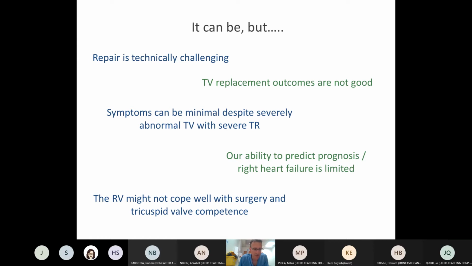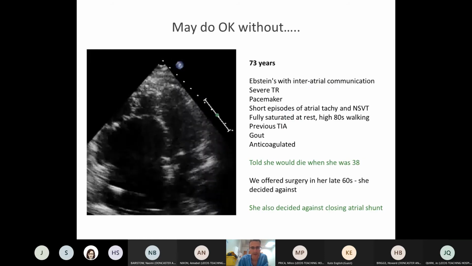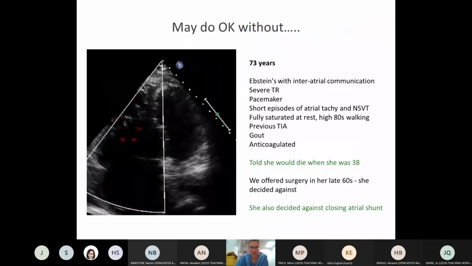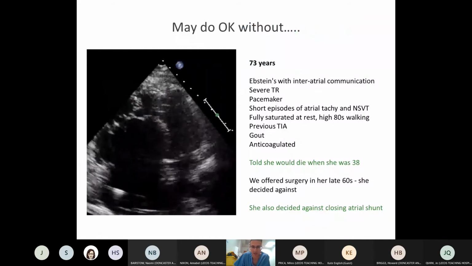As soon as you make that tricuspid valve competent, it's only got one way to go potentially, and that's out towards the lungs, which suddenly is quite a hard job, as opposed to just allowing it to regurgitate back towards the right atrium. And of course, some patients may do perfectly fine without anything being done.